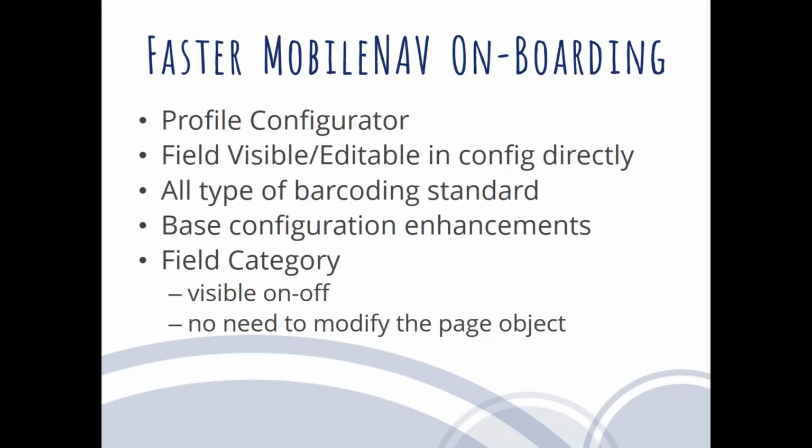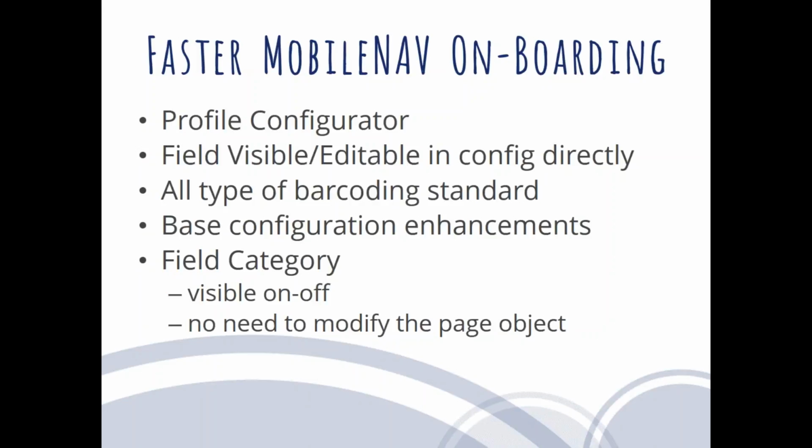So that will also help you to very quickly just hide certain fields which you don't want to use, and for that purpose you don't need to open the development environment and change the field properties one by one, because it's a little bit time consuming. So if you want to hide certain fields or make certain fields non-editable, then you can very quickly do that as part of this first MobileNAV implementation step.